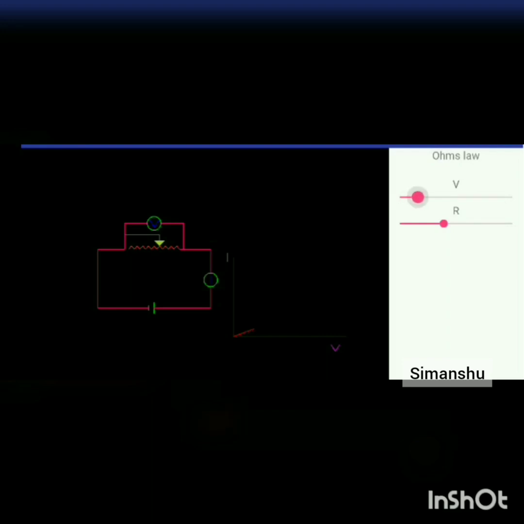And when I am increasing the voltage, at the same moment there is an increase in current also. That is why we are getting a straight slope inclined to the x-axis at a fixed angle. So with increase in voltage, at every moment we are getting an increase in current also. What does it mean? There is a direct relation of current and voltage. Current is directly dependent upon voltage. The more the voltage, the more the flow of current according to Ohm's law.